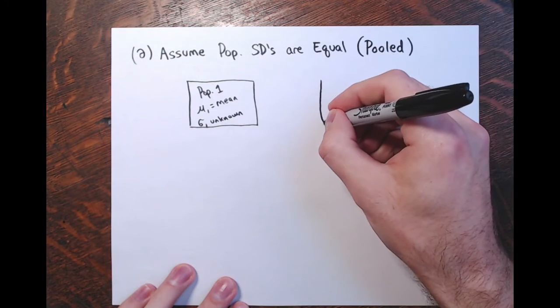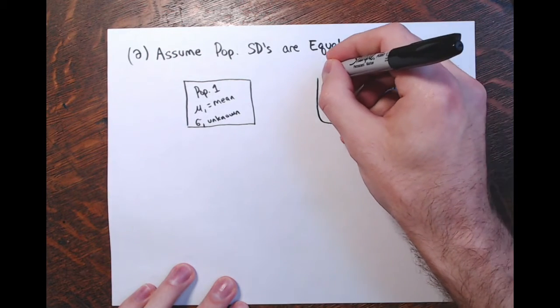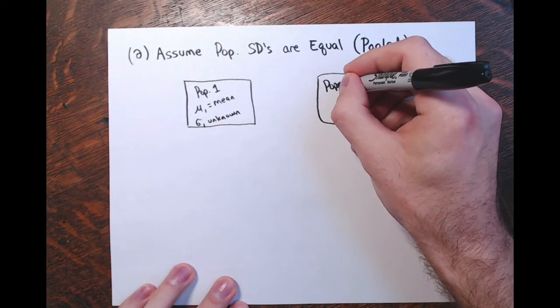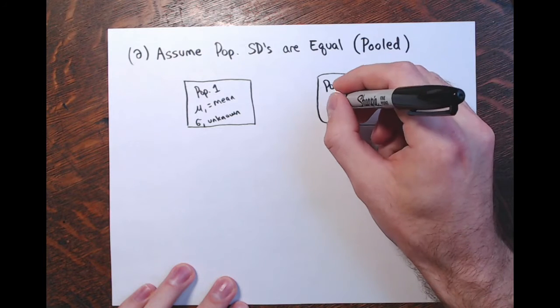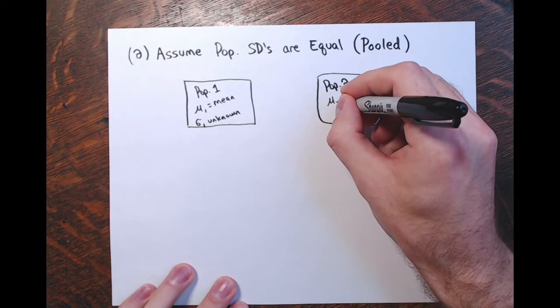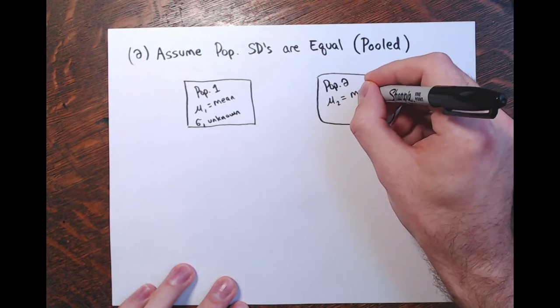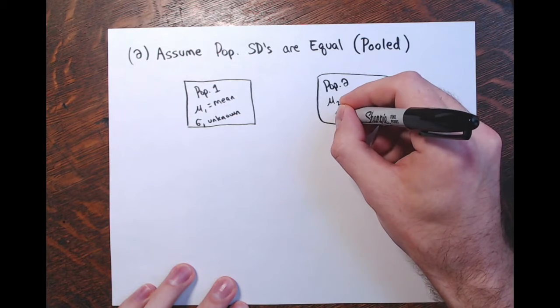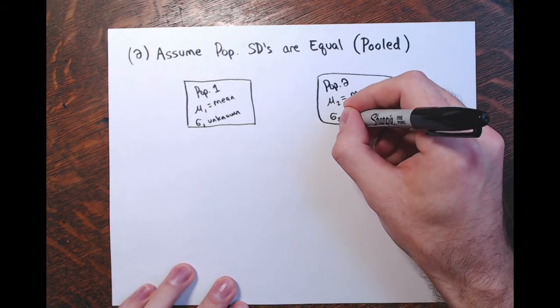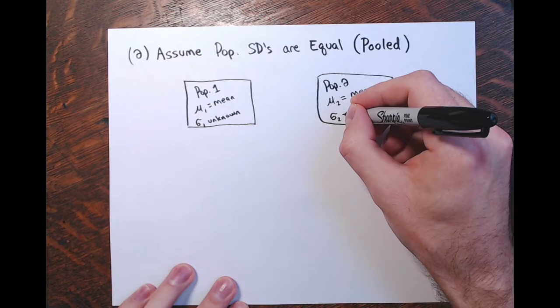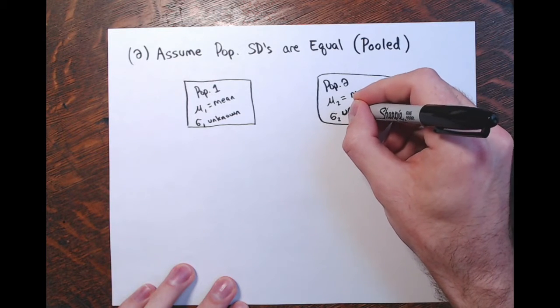And I have a second, separate population, population 2, and again its mean is called mu2, and its standard deviation sigma 2 is again unknown.